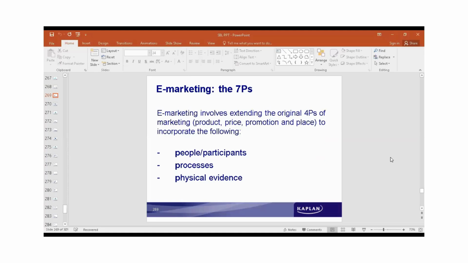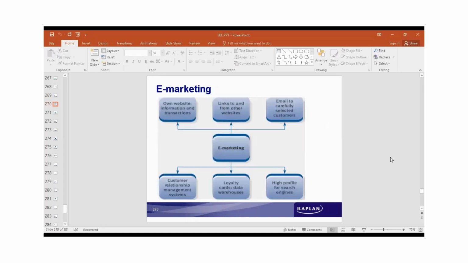E-marketing involves extending the original 4 P's of marketing: product, price, promotion, and place, to incorporate another 3 P's, which are people or participants, the processes in which the activities are carried on, and the physical evidence.